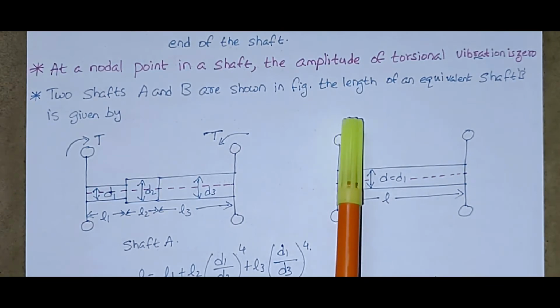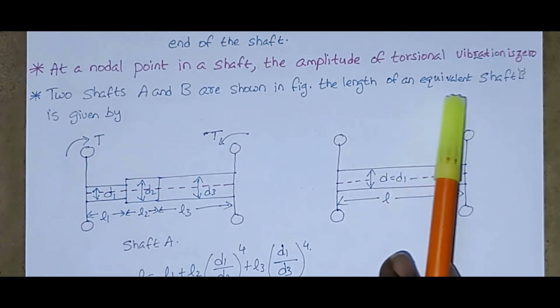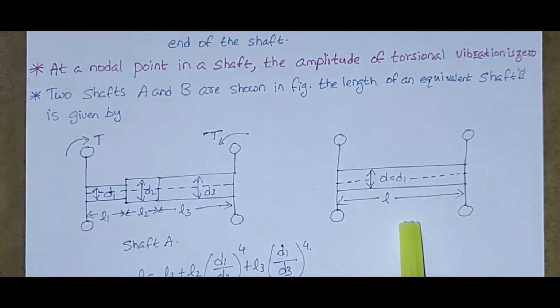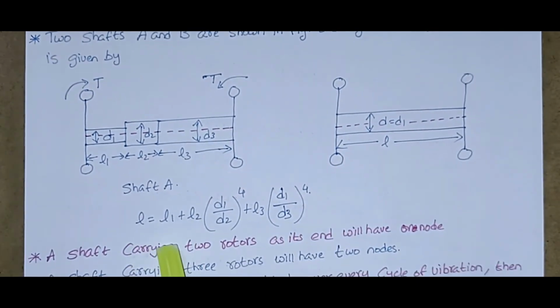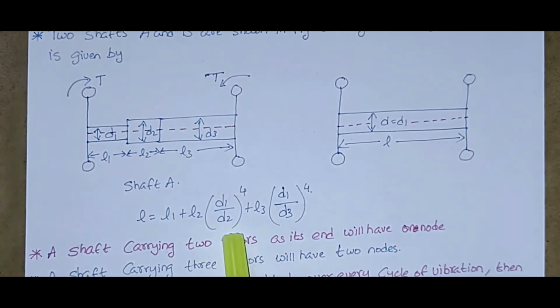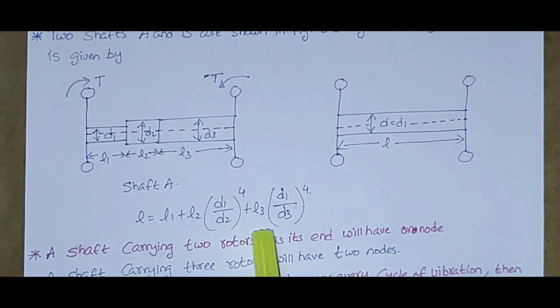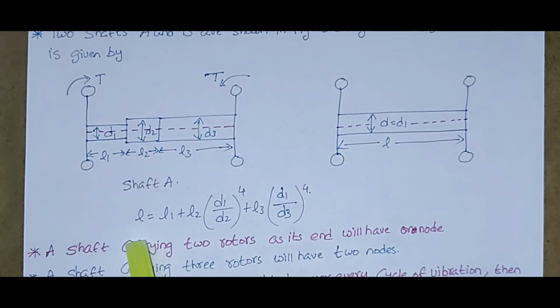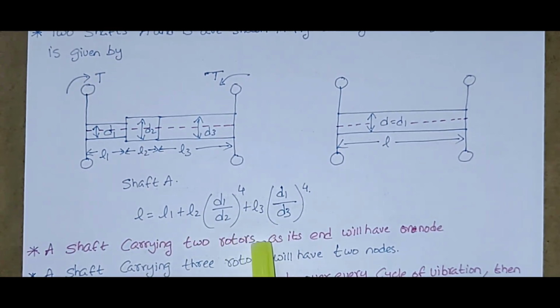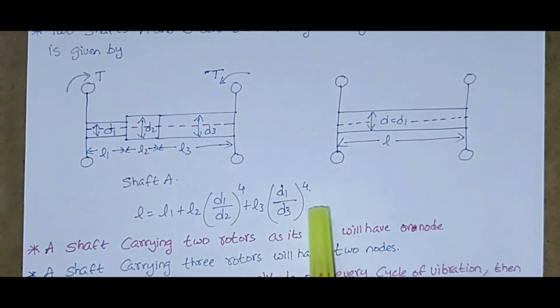For shaft B we have to show the equivalent length, that is L is equal to L1 plus L2 into (D1 by D2) to the power 4 plus L3 into (D1 by D3) to the power 4. Once again I will repeat it. The equivalent length of the shaft B, L is equal to L1 plus L2 into (D1 by D2) to the power 4 plus L3 into (D1 by D3) to the power 4.